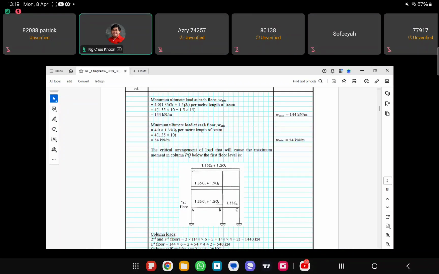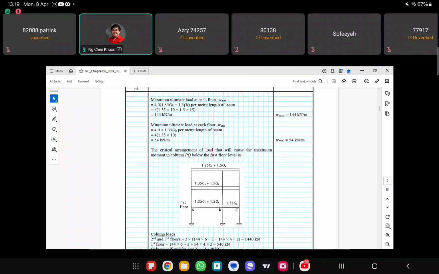So here, if we put all maximum on the roof and all maximum on the first floor, it will transfer the maximum axial load to this column, right? But on the first floor here, we cannot put maximum load because we want to transfer the maximum moment to this column.